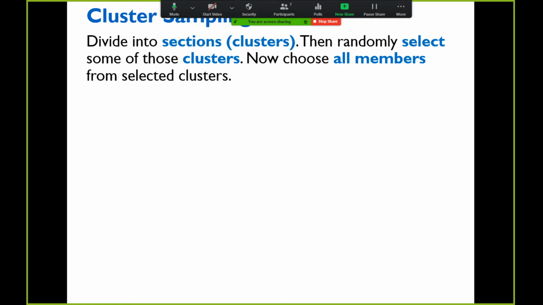For example, voting is something that's very popular with cluster sampling. So cluster sampling is where you divide your population into physical sections called clusters, and then you randomly select some of the clusters, and now you choose all the members from the selected clusters.